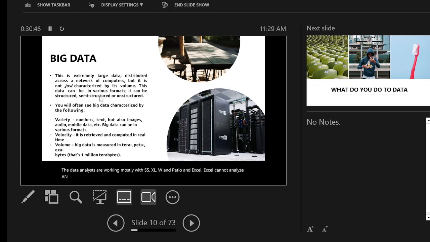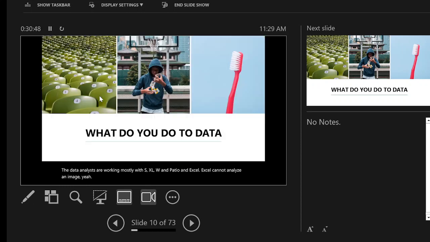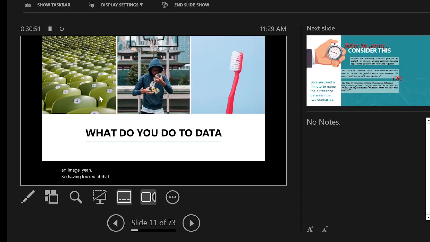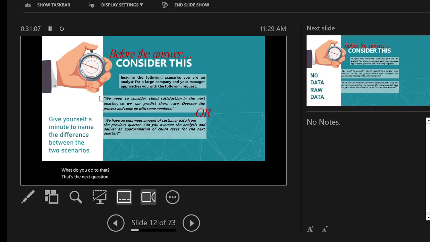So having looked at that, the next question is, what do you do to data? That's the next question. Given that in this class, the next person will join maybe later, you are the one who is going to answer it.